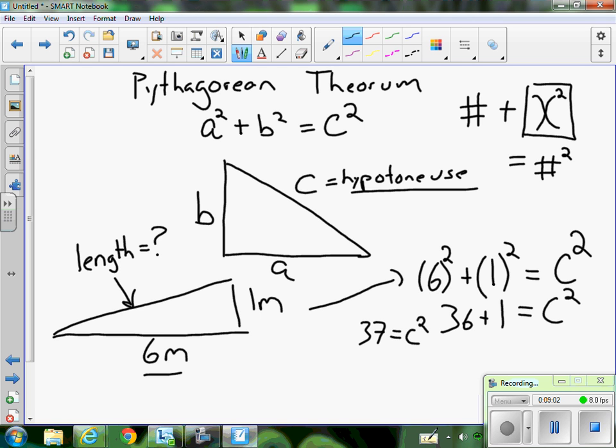So when I have a square, the opposite operation to get rid of the square is a square root. The square root of a square cancels. So what I do on that right side, I have to do on the left side.